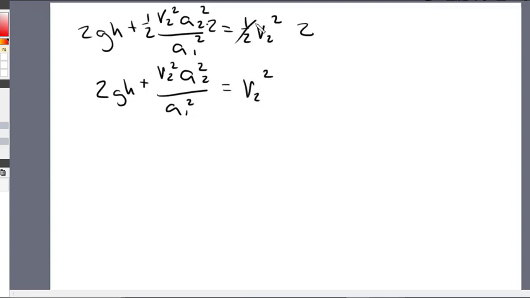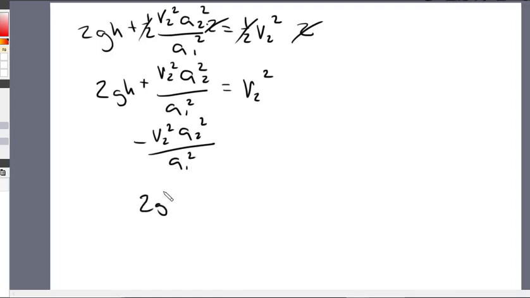The 1/2s cancel with the 2s. Great. Then we subtract this from both sides.